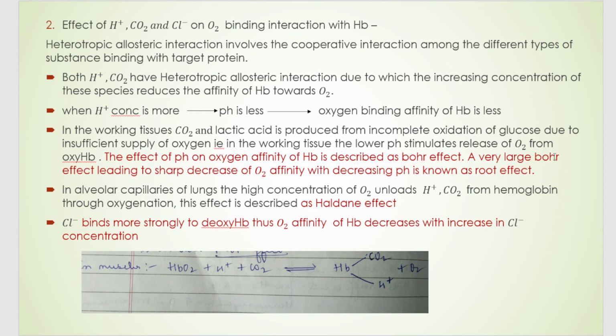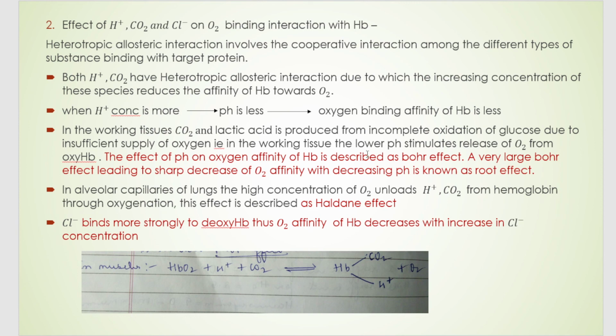A very large Bohr effect leading to a sharp decrease of oxygen affinity with decreasing pH is known as the root effect. That is, a large decrease in the pH, that is, a high concentration of H plus ion, leading to a sharp decrease in O2 affinity of the hemoglobin is called the root effect.